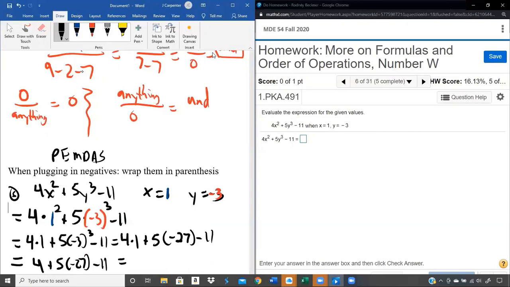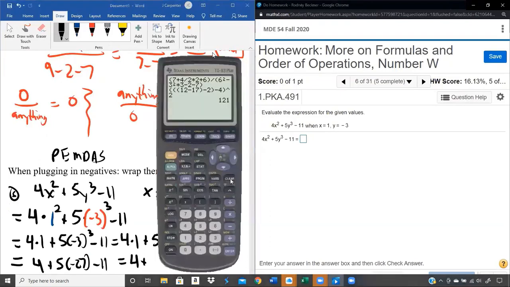And I won't lead us down a long path since I actually made a mistake in the last example, which again, I apologize for. 4 plus, we got to do 5 times negative 27. And if these are getting too big for you, remember you can pull out a calculator. It's not the end of the world. It's not my favorite thing to see, but 5 times 27, I'm not going to show the negative part, be 135.